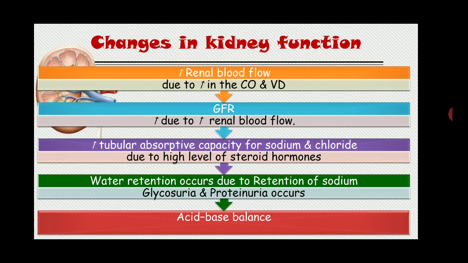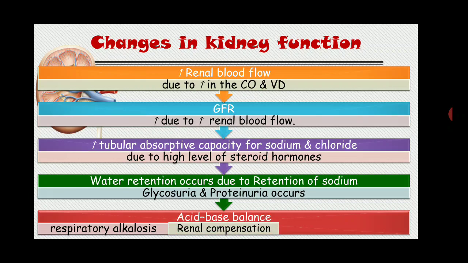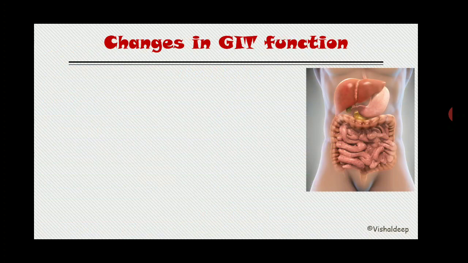It is known as respiratory alkalosis. So inside the maternal circulation there is a respiratory alkalosis. To cope with the respiratory alkalosis there is a renal compensation. What does the renal compensation do? It decreases the alkalosis by increasing the excretion of bicarbonate. Got it?